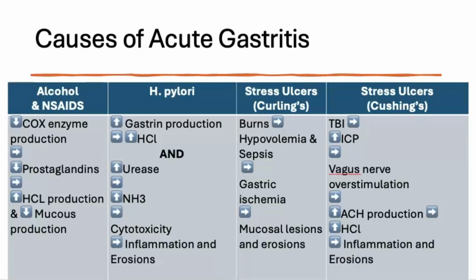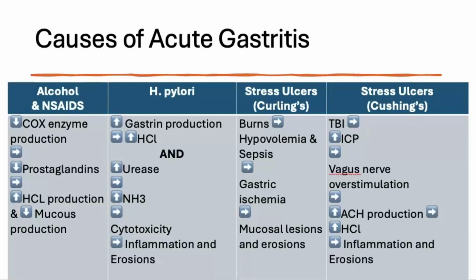But the patho for H. pylori infection is once it leads to increased gastrin production, which then leads to increased hydrochloric acid. Or rather, I should say the second mechanism that causes the gastritis is because of the infection.